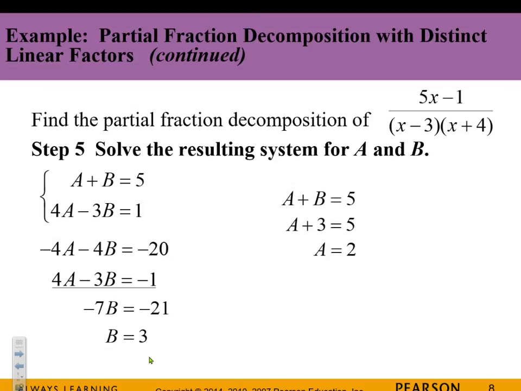Okay, so they multiply the top by negative 4 so that the A's cancel out, right? So then they add the B's, they got negative 7B equals negative 21, divided by 3, you got B equals 3, plug 3 back in, they cancel 5. It's a system. This is literally what we did. Yes, but with A and B instead of X and Y.